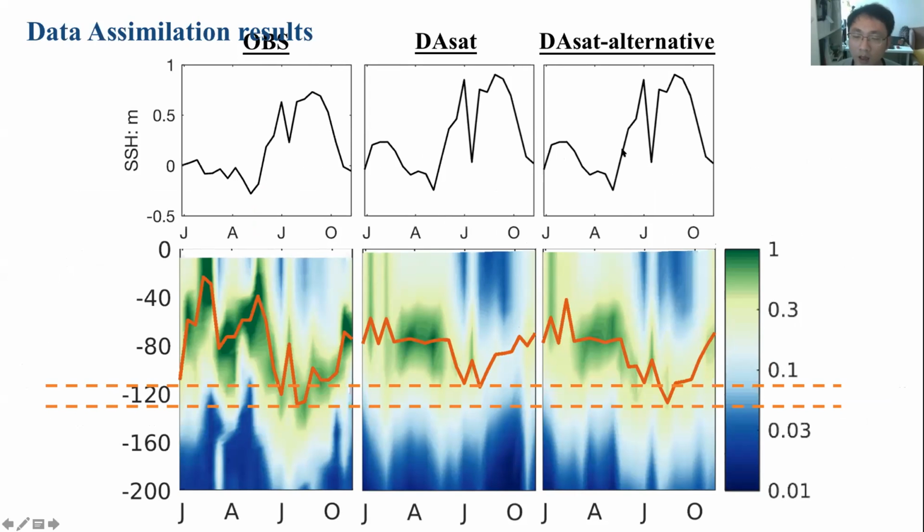And when we use the alternative light parameterization, the deep chlorophyll maxima is even deeper and closer to the observations. And more importantly, the subsurface chlorophyll concentrations at these depths are naturally increased in this case and closer to the observations, even though the model underestimation remained.